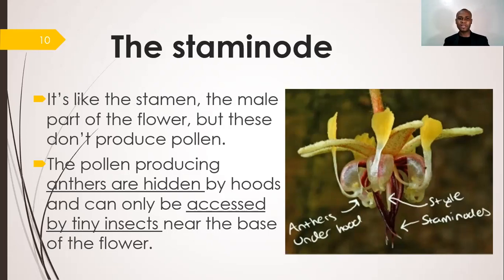Usually what happens is that when the male part of the flower produces the pollen grains, the hood of the staminodes covers the male part, the anther. So it's difficult for pollinators or insects to get in here, to have access to the pollen grains and in turn fertilize the flowers.